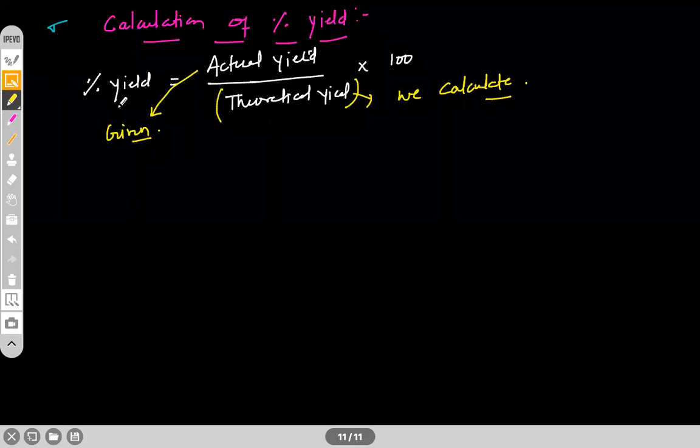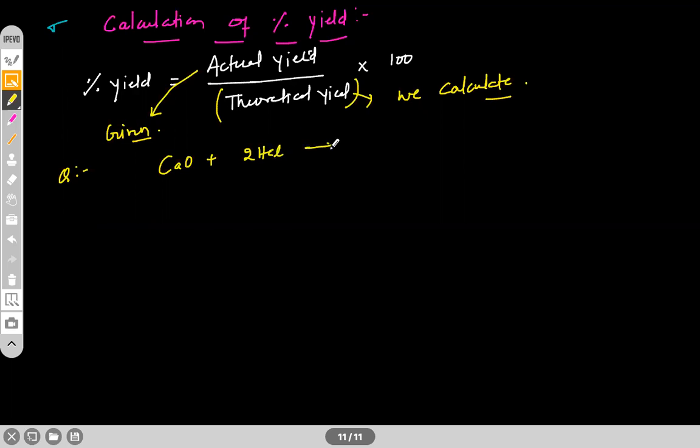Okay. To understand this, let's discuss this question. A reaction is given: CaO plus 2 HCl gives CaCl2 plus H2O.